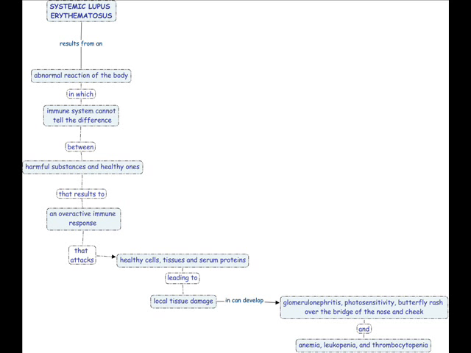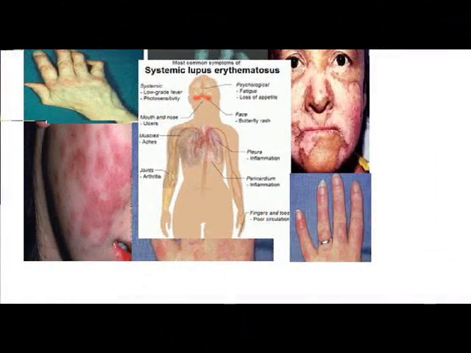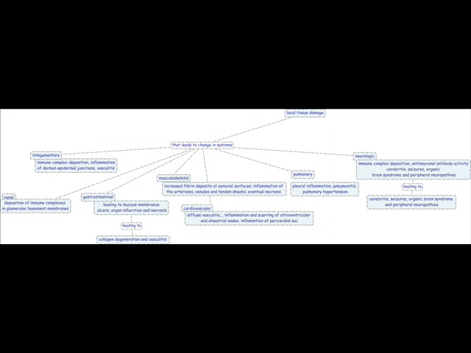It can develop glomerulonephritis, photosensitivity, butterfly rash over the bridge of the nose and cheek, and anemia, leukopenia, thrombocytopenia, fever, fatigue, malaise, painful swollen joints, alopecia, and painless mouth ulcers. Local tissue damage can lead to changes in systems.